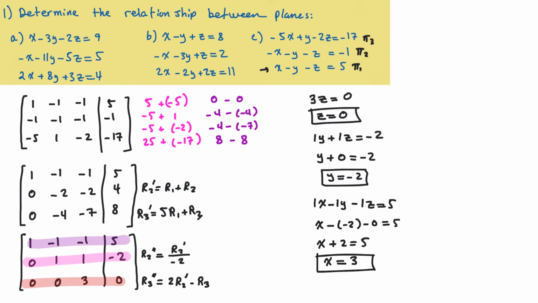And since we have a nice solution, which is a point here, we can say that the 3 planes intersect at a point. The x value is 3, the y value is -2, and the z value is 0. And this is our final answer to this one.